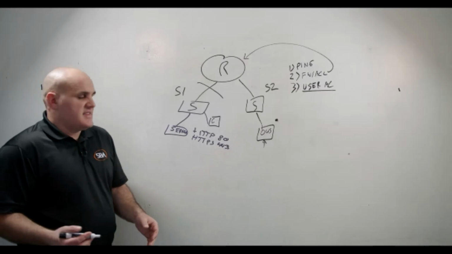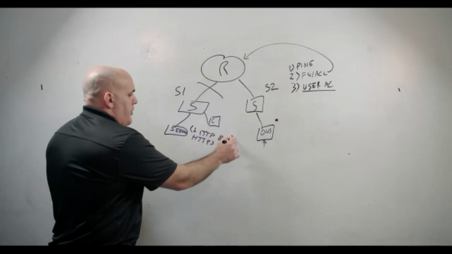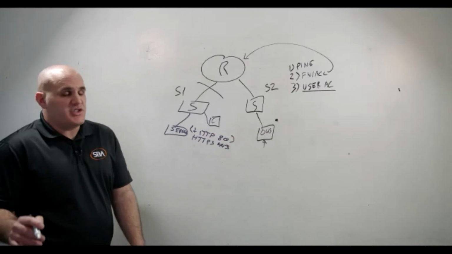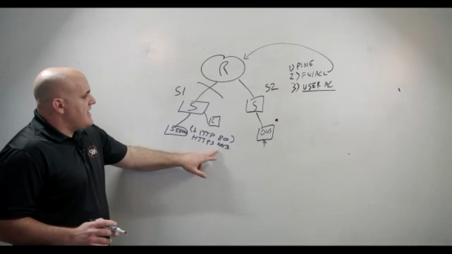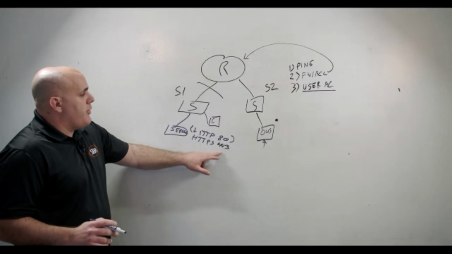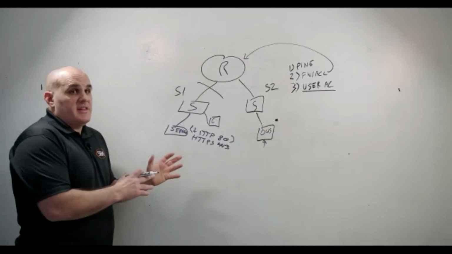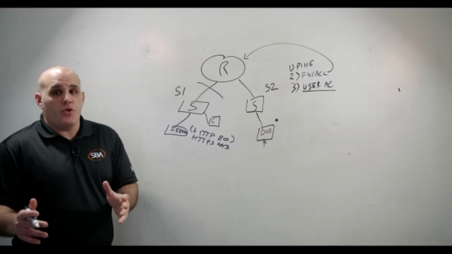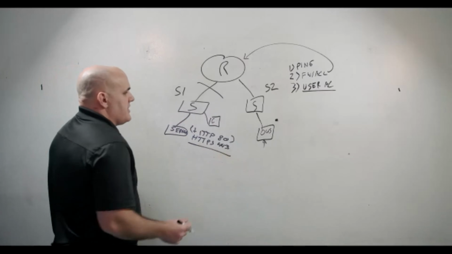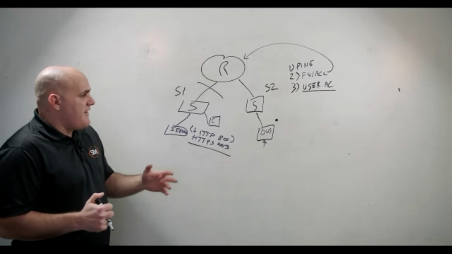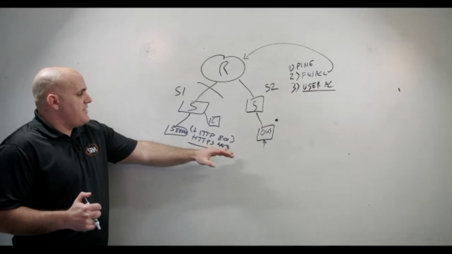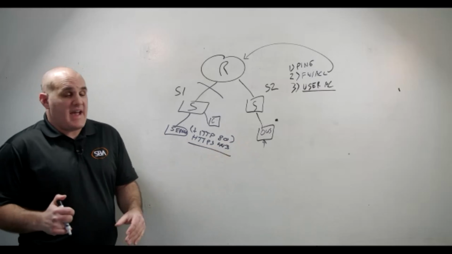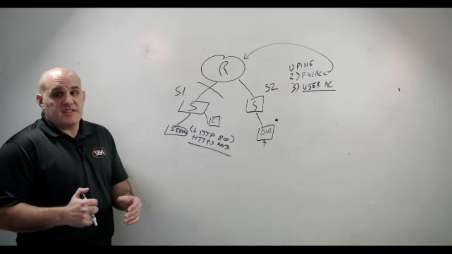Oftentimes on BAS systems, they will keep port 80 enabled during construction so that they don't have to worry about certificating. Then they will enable only port 443 when it leaves the construction phase and goes into the warranty phase. That often throws a lot of people because they have a port 80 address bookmarked and they don't have the HTTPS address bookmarked. That's a very simple fix.